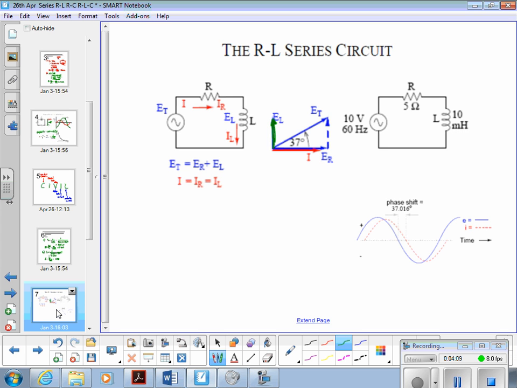Our resultant phasor, so the total voltage, here, is, in a real circuit, a coming together of those two phasors up the middle. That would be your applied voltage in this case, or the resultant.